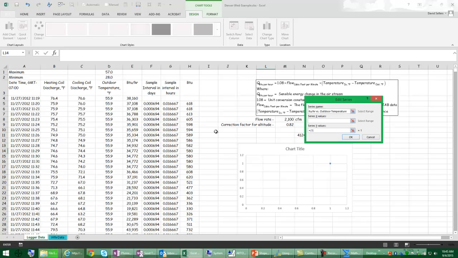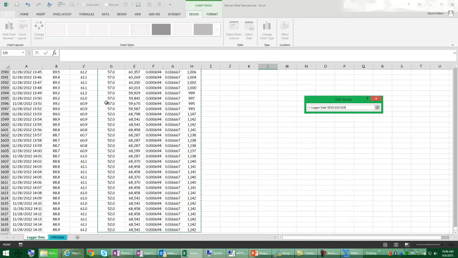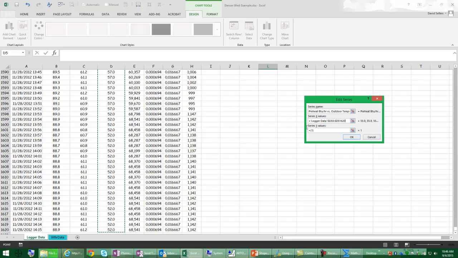My independent variable on the x-axis is going to be the outdoor air temperature. Boy, my mouse is acting funny too. My independent variable on the x-axis is going to be the outdoor air temperature. And my dependent variable on the y-axis is going to be the load.